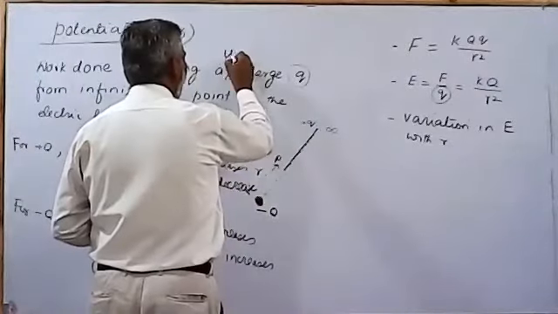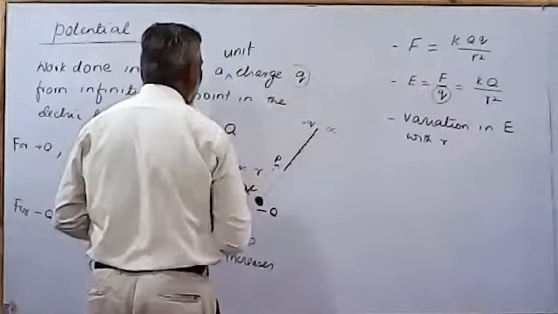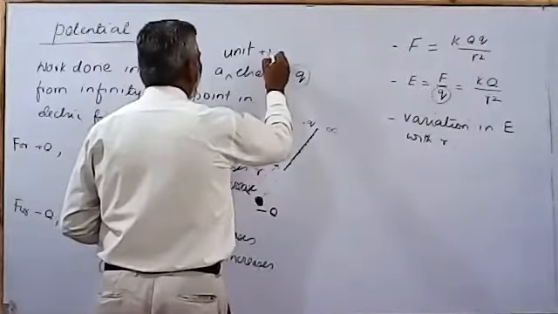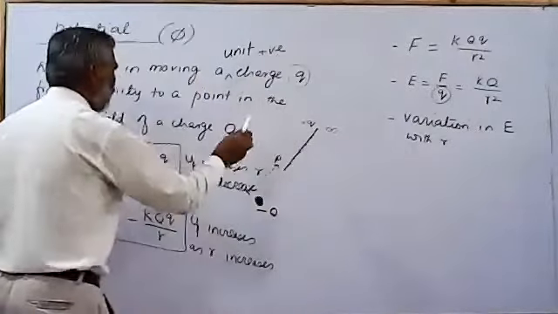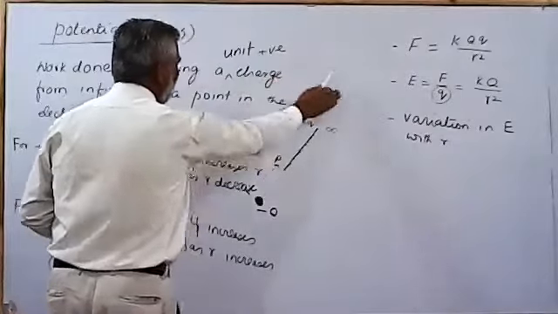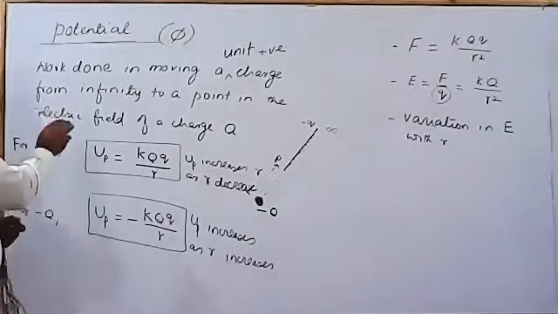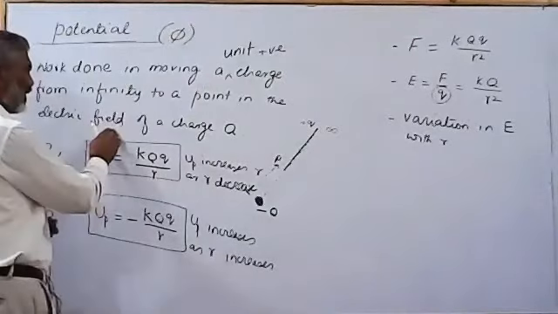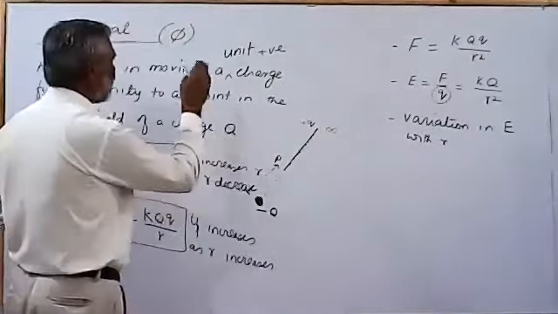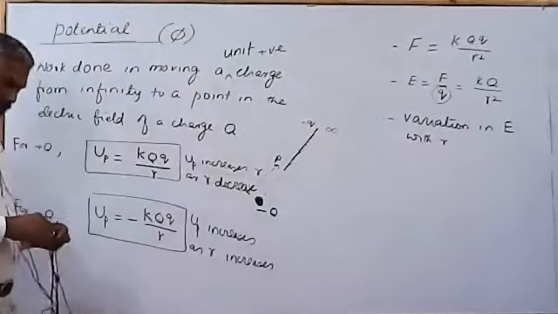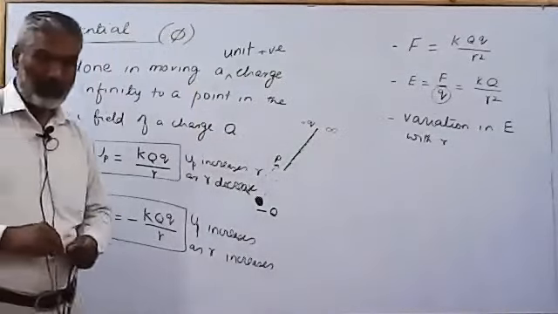Just one word will change the concept. A unit positive charge, and this Q of course will be removed now. A unit positive charge from infinity to a point in the electric field of a charge Q, this quantity will be potential at a point.